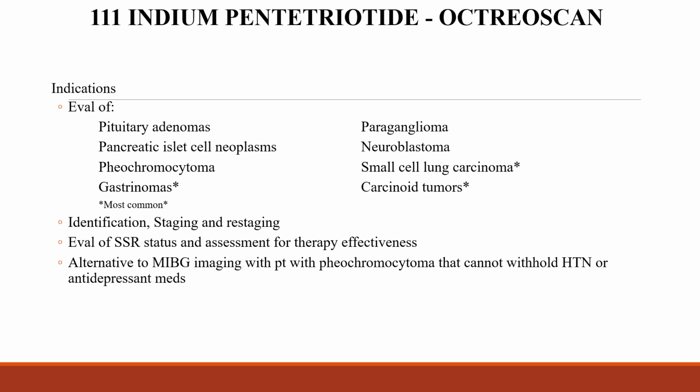We know the tumors are still there, but they're no longer taking up our somatostatin analog. That's a bad sign for the patient. That means they have more tumor heterogeneity and that their cancer is more advanced, and it's more likely that it would show up on an FDG scan, which is not good at all.